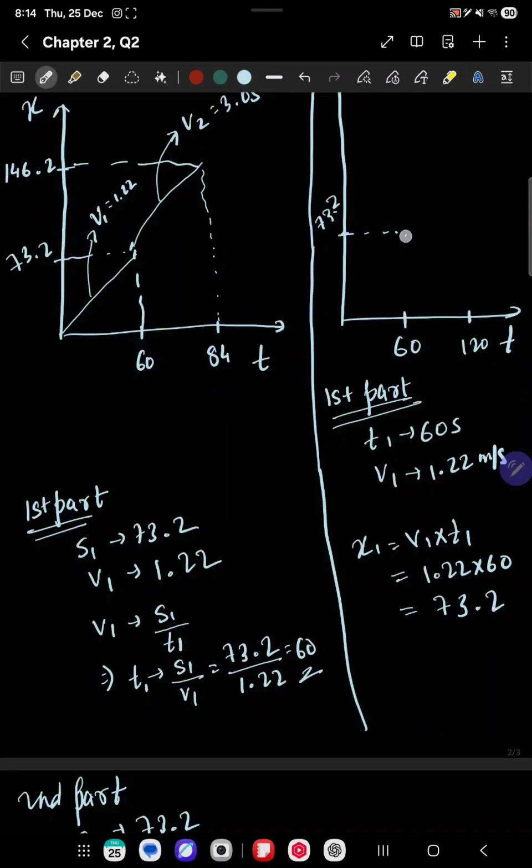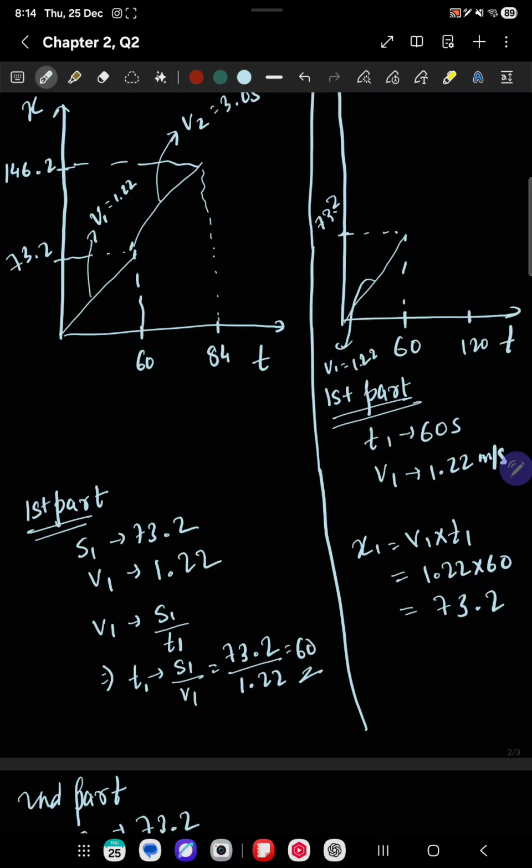So the first part will be drawn like this, right? And this slope gives a value of v1, which will be basically 1.22. The slope will be 1.22.